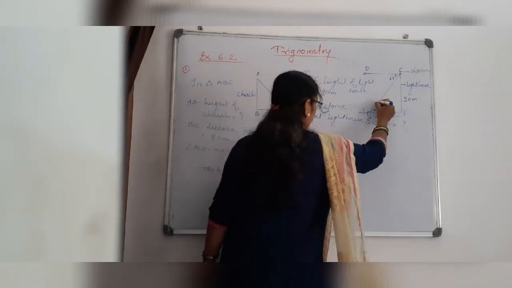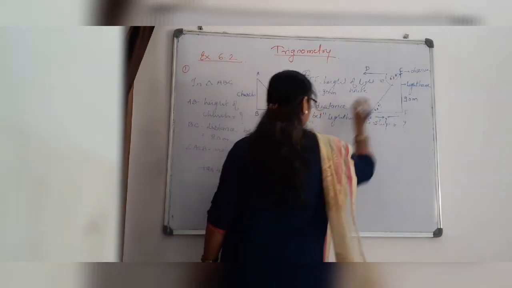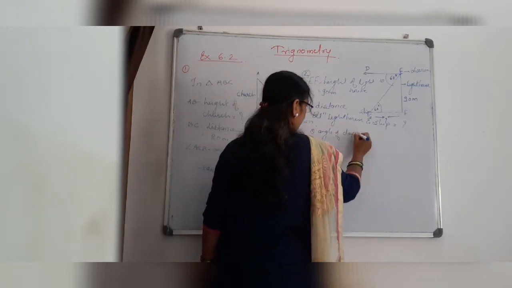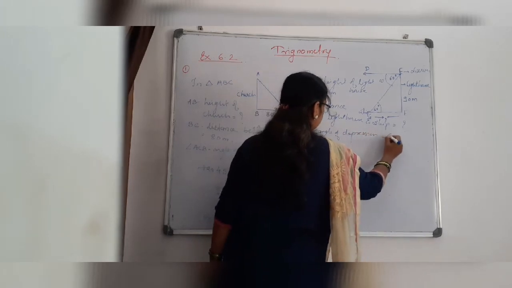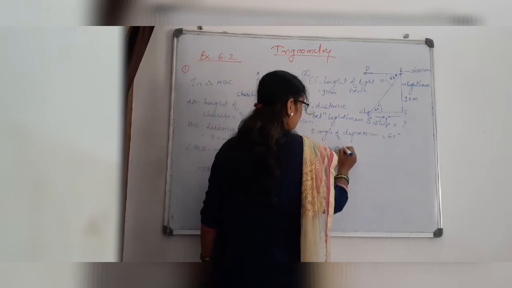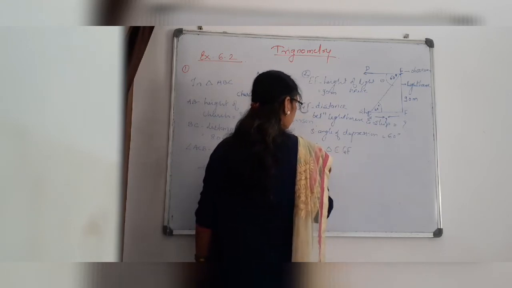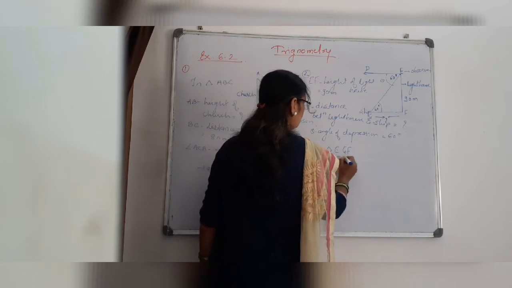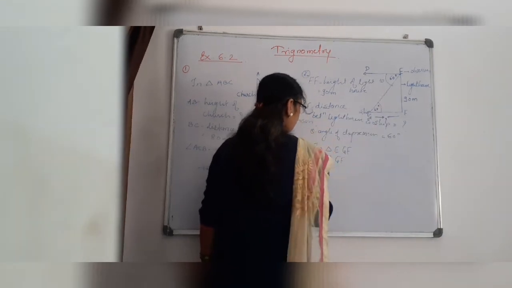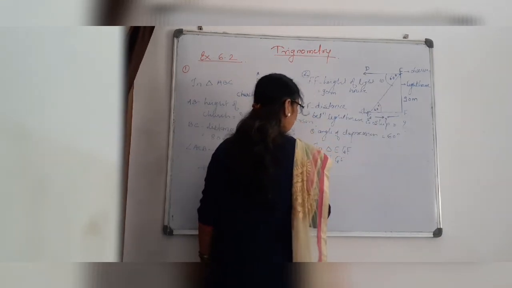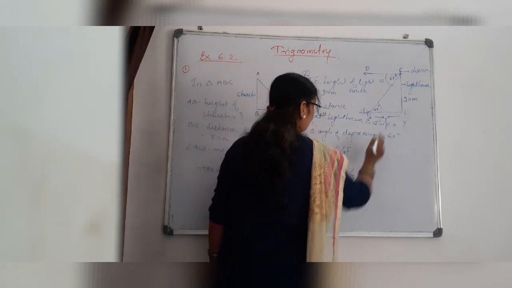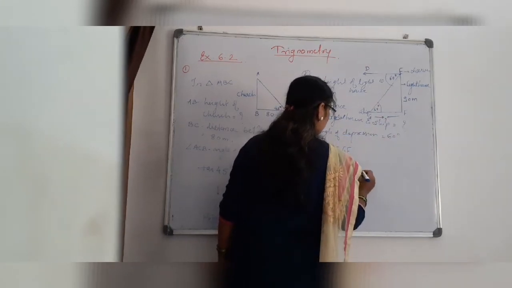Now this is the angle theta, the angle of depression, that is 60. And then in triangle EGF, DE is parallel to GF, so therefore you can take angle DEG equal to angle EGF.